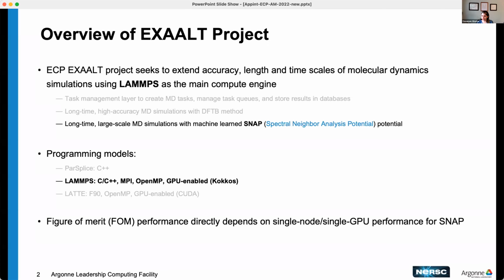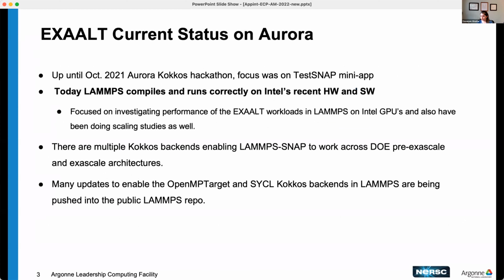The potential that they are interested in is called SNAP, the spectral neighbor analysis potential. LAMMPS is a program written in C++. For parallelization, it uses MPI, OpenMP, and is also GPU enabled using Kokkos, CUDA, and so on. The performance directly depends on the single node and single GPU performance of SNAP, and that's the main focus.